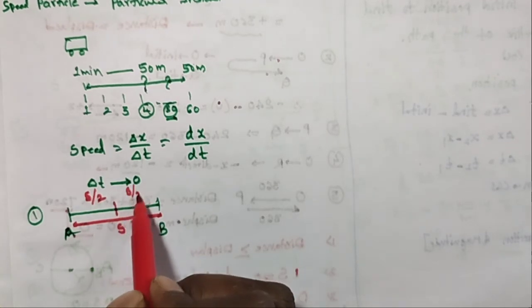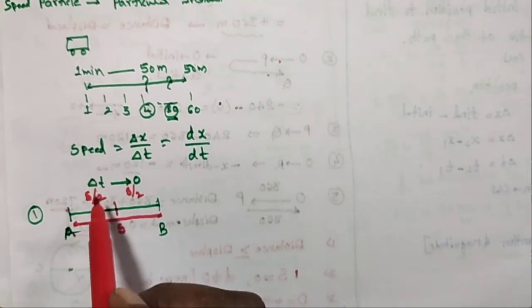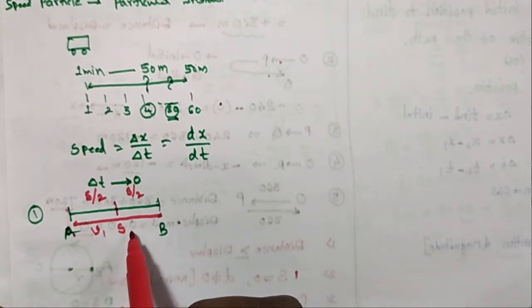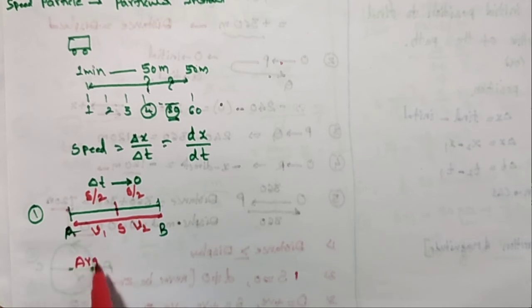For the first half of the distance the speed is V1, and for the next half of the distance the speed is V2. What is the average speed?